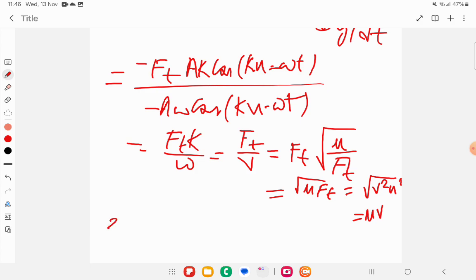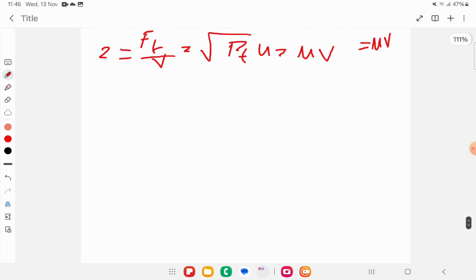So Z is equal to Ft by v, which is root over Ft mu, which is equal to mu v. Thus the relationship is proved.